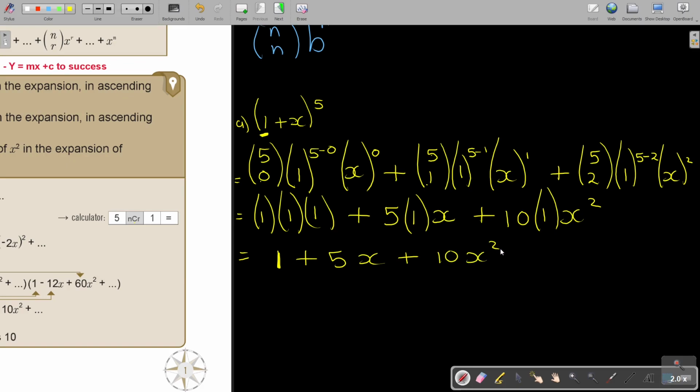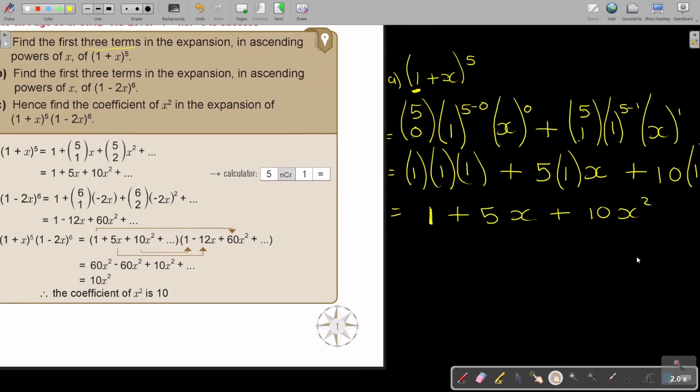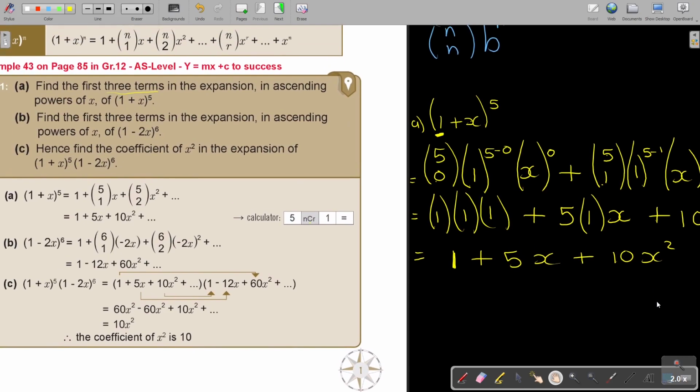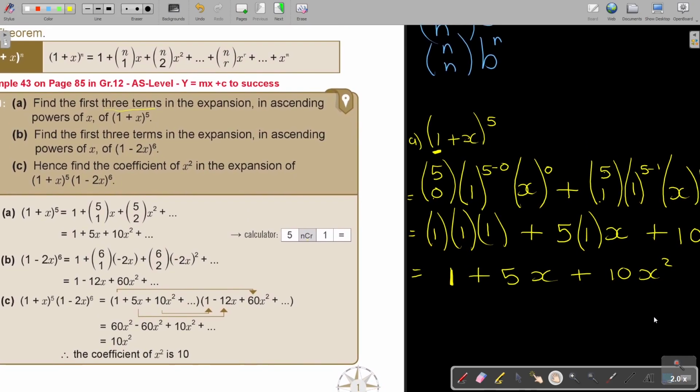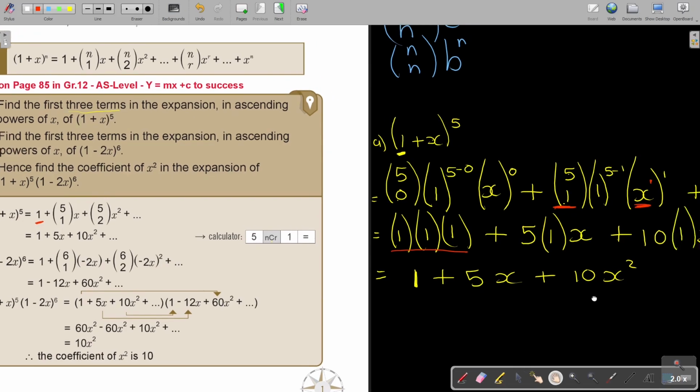If I really use the formula, and you can, but I just showed you the short way and this special case, because of that 1, you can basically just say, I know that this will become 1. And then I say 5, 1. I know that the first term will become 1, and I will just say x to the power of 1. So I'm writing only that part.